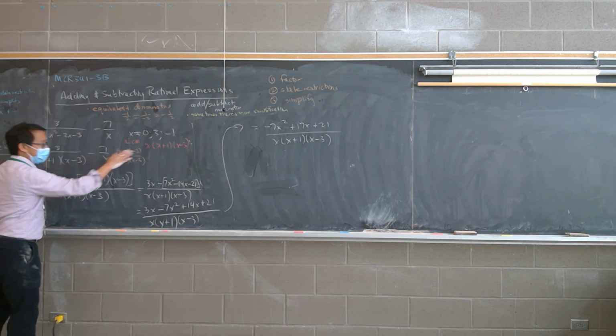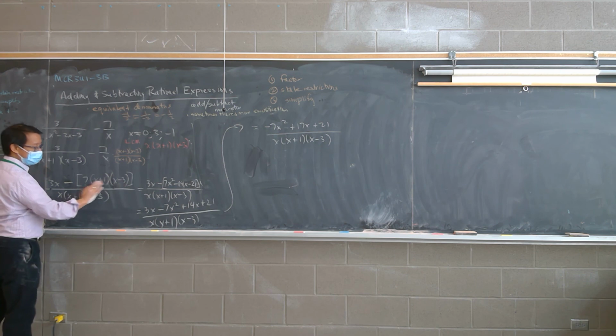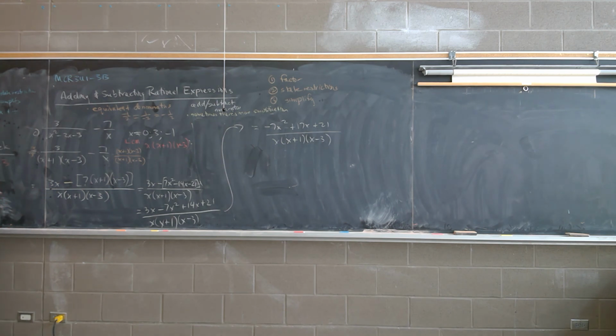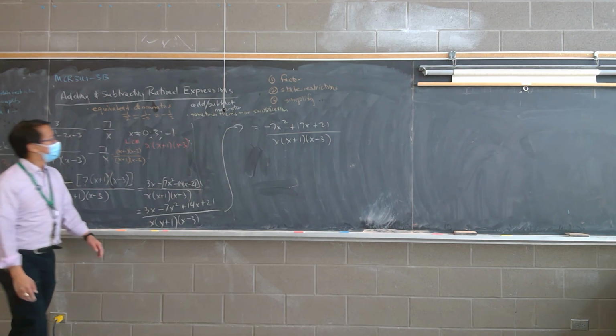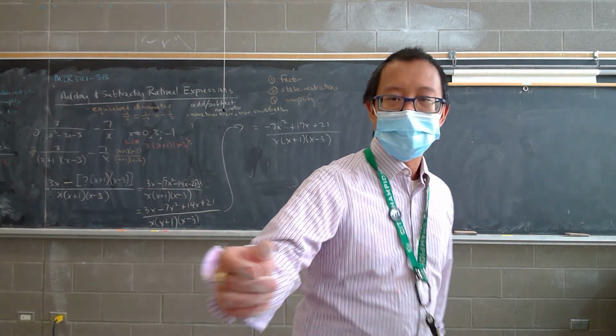And then 7 times this is 7 times this, which is the x plus 1 times x minus 3. But in order to calculate terms, we have to have them expanded. Right? Okay? Good question.